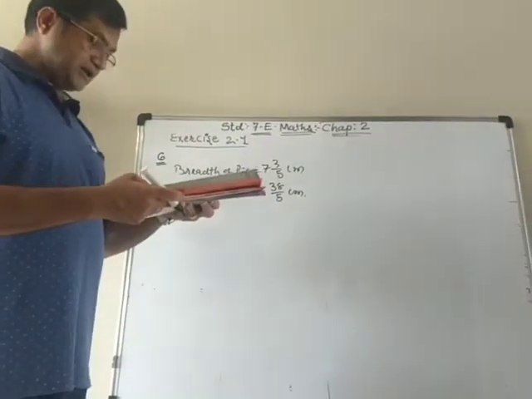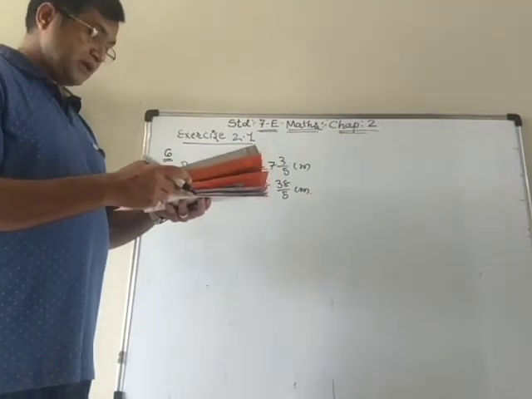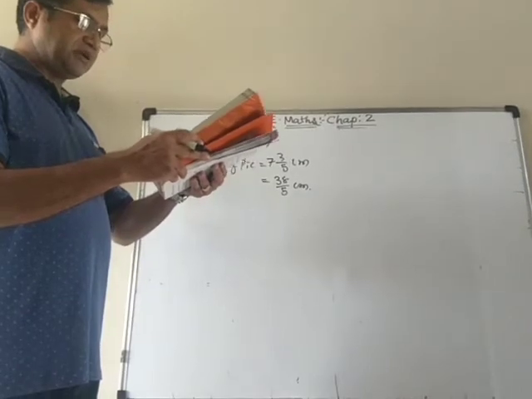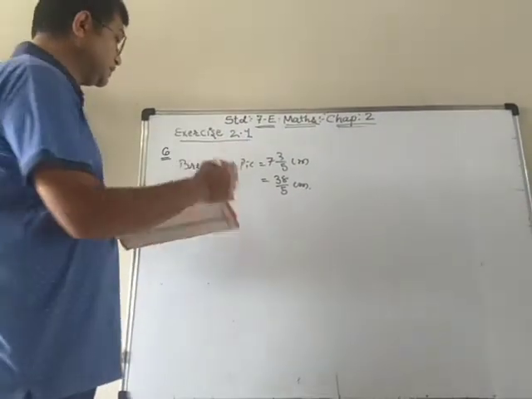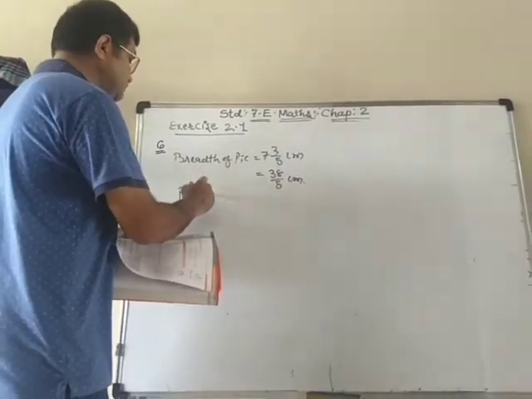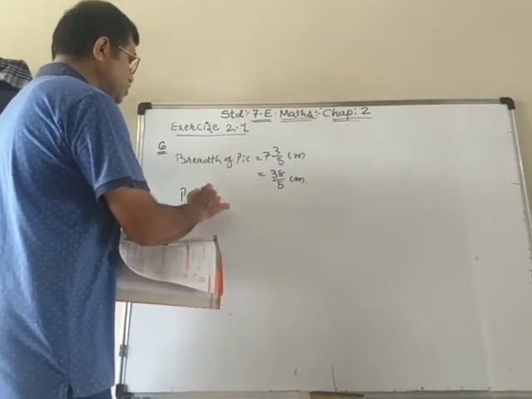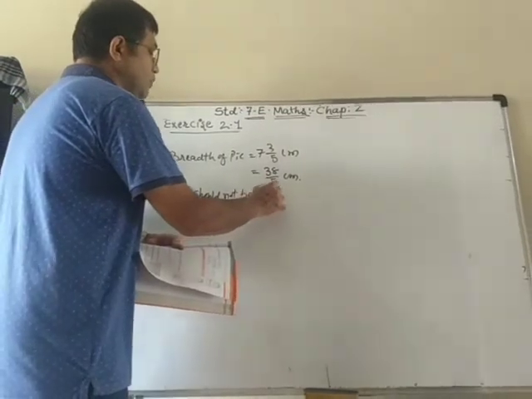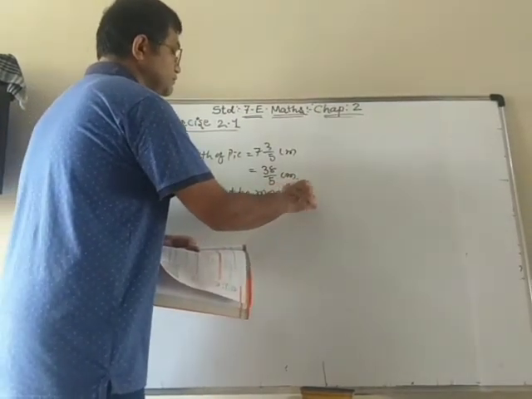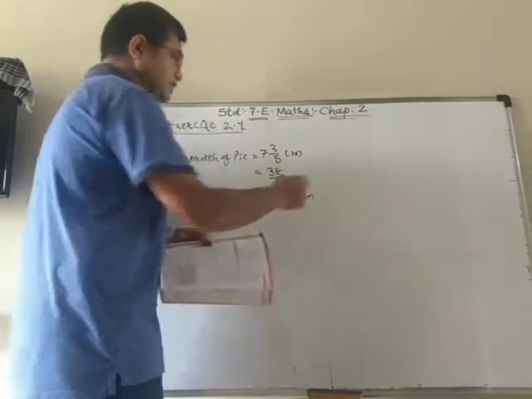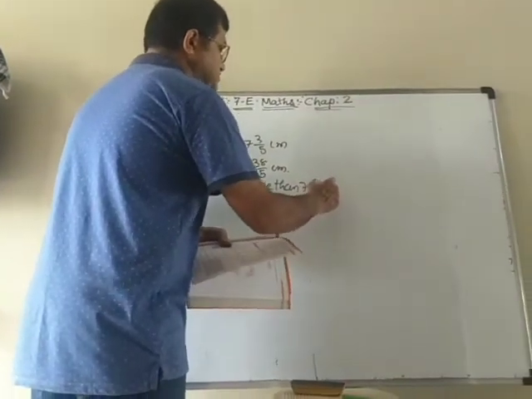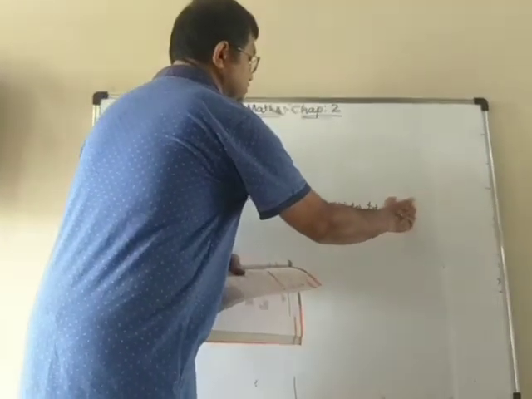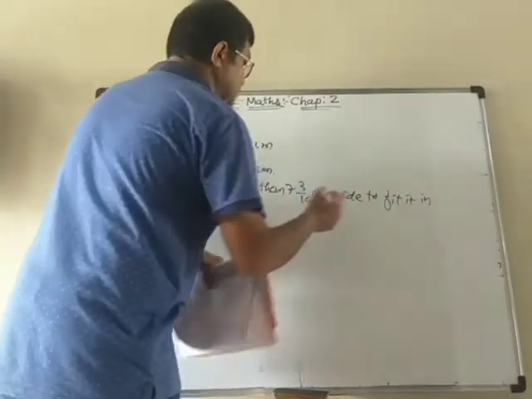But what else is given? To fit in the frame, the picture cannot be more than 7 integer 3 by 10 centimeter wide. The picture should not be more than 7 integer 3 by 10 centimeter wide to fit in the frame.